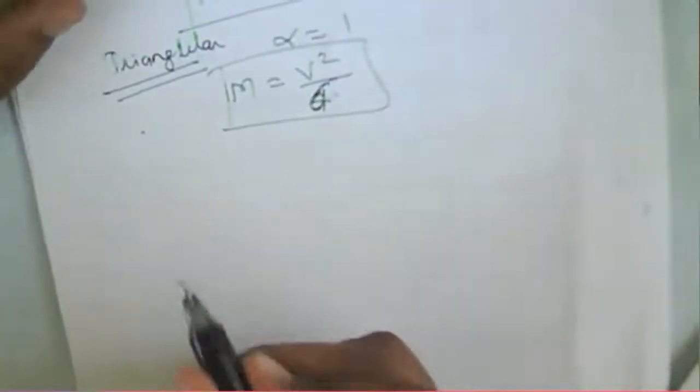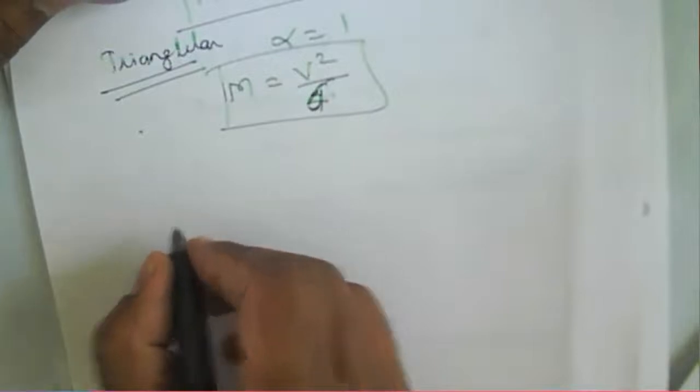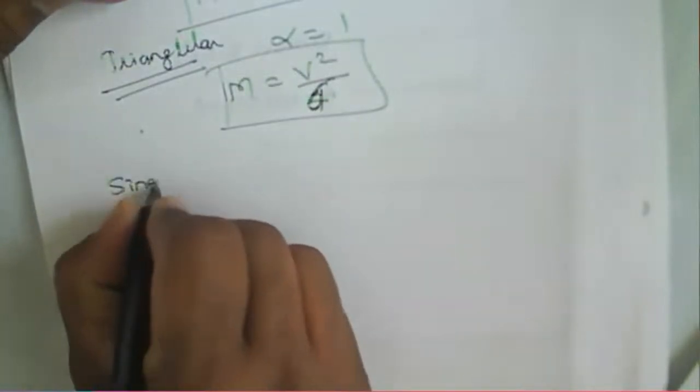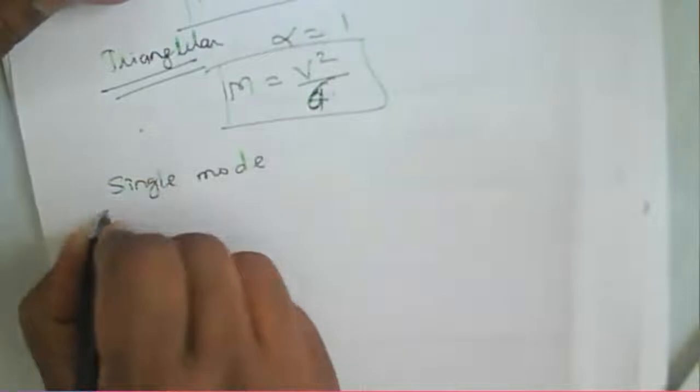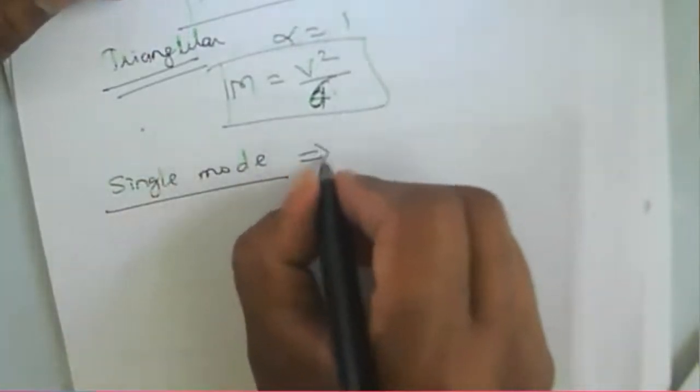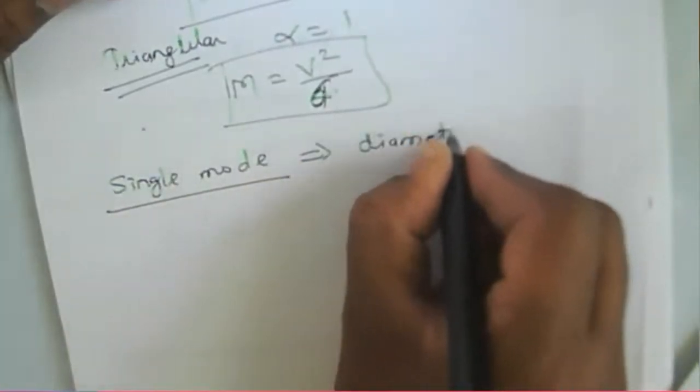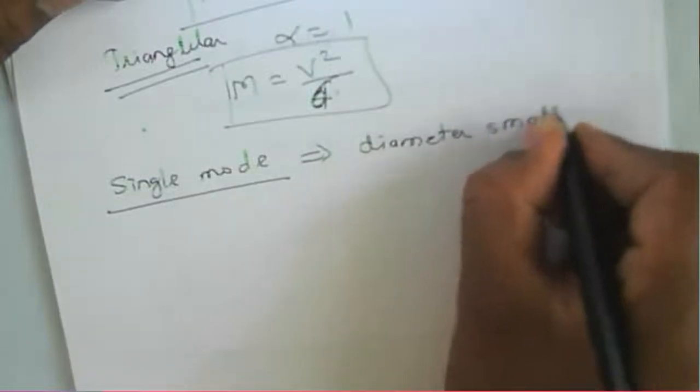Then we consider here the difference, or we can say what are the advantages of a single mode fiber and what are the advantages of a multimode fiber, and then we can stop this discussion about fiber here. Right now it is about a multimode fiber, but if you consider the single mode fiber, the diameter of the core will be small.